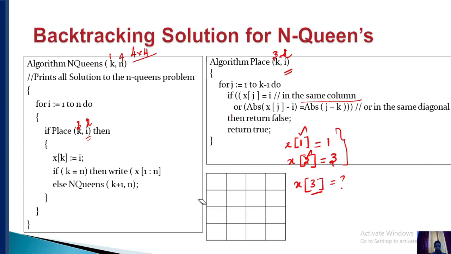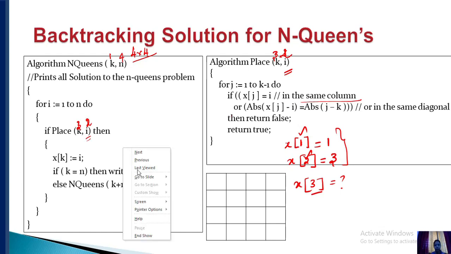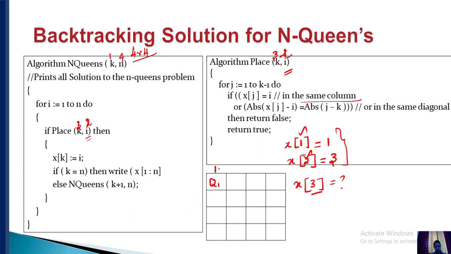For example, consider that the first queen is in position number 1. So this is 1, 2, 3 and 4, and you know that I cannot place a queen in this place, right? Why can I not place a queen in this place? If I place a queen in this place, it will diagonally clash with the first queen.